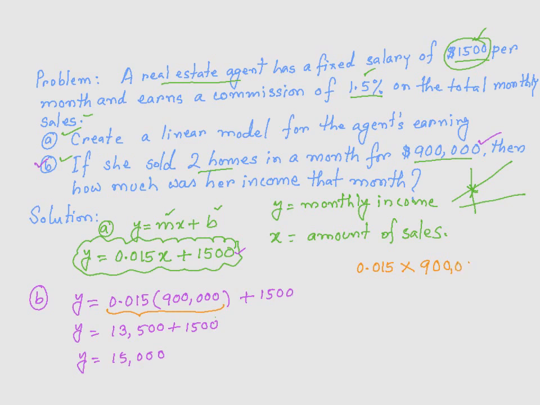At the beginning, just ignore all the decimals. What do we have? 15 times 9. 5 times 9 is 45, carry over 4, 9 times 1 is 9, plus 4 is 13. So it's going to be 135.